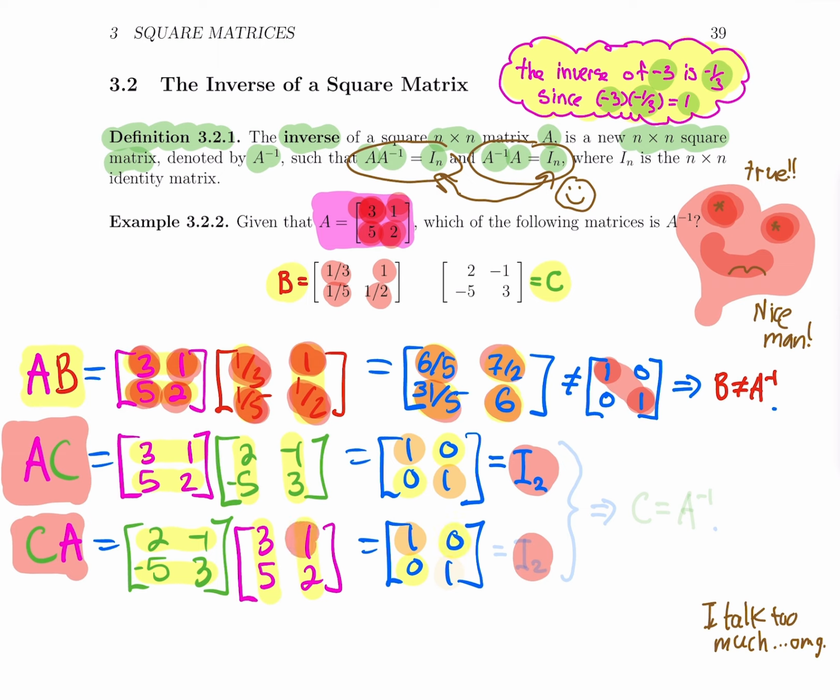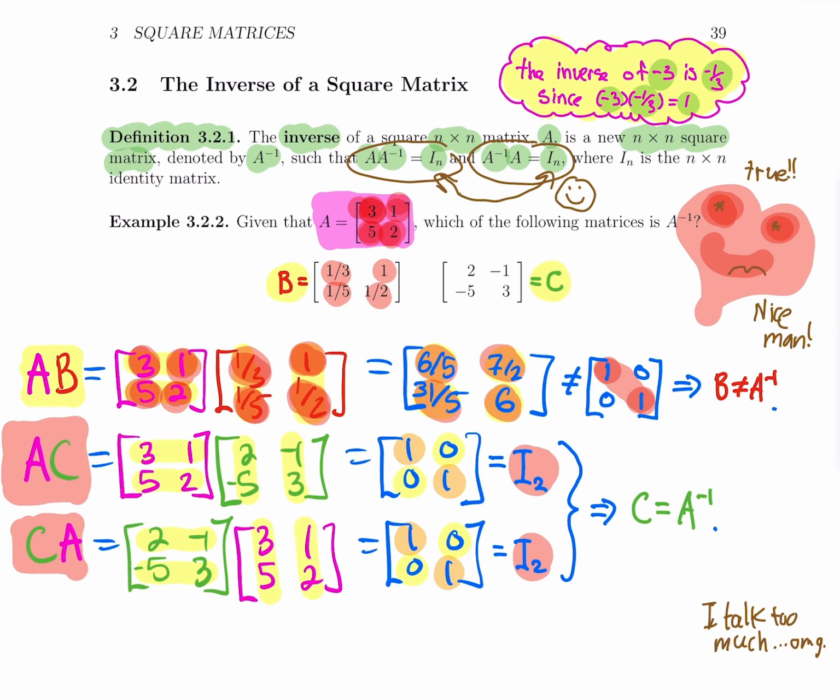And then finally, 1 times minus 5 plus 3 times 2, boom, I get a 1. I get the identity matrix again for this product. So because these two are both the identity matrix I2, I just verified that C is indeed the inverse for A. But the real question is, how do you compute that matrix on your own?